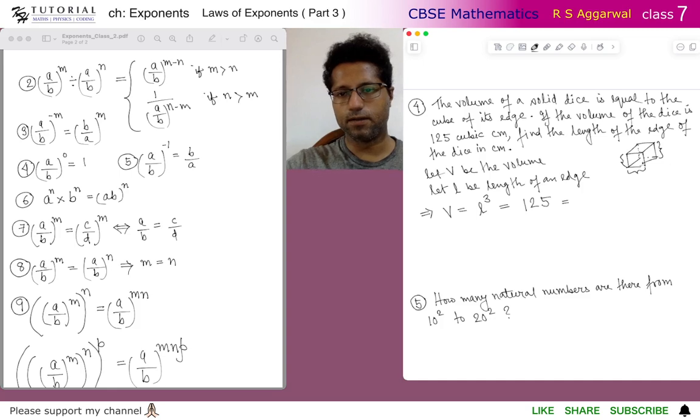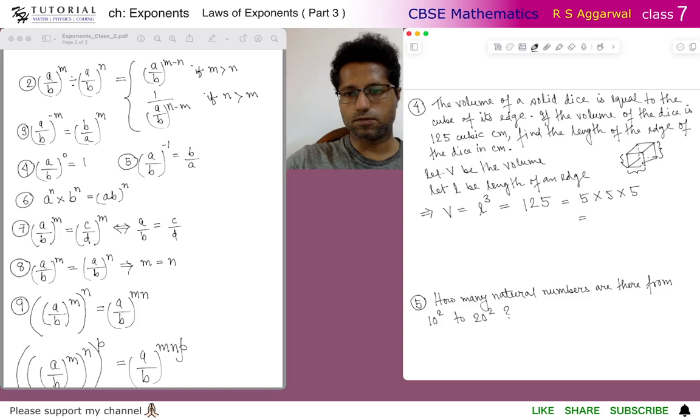Only then can we find L. We know that 125 is 5 into 5 into 5, so this is 5 cube. This implies L equals 5 centimeter.